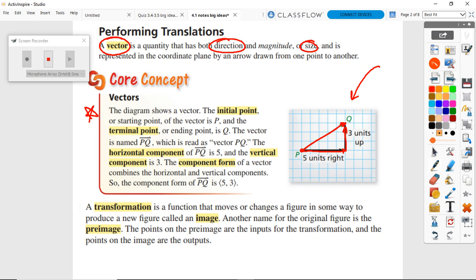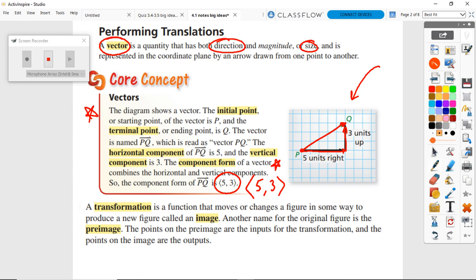Now, the component form of a vector is basically telling you the steps to take, and you use a little bracket, not like a parenthesis, kind of like a V bracket: 5, 3. Now the first number is the horizontal component.